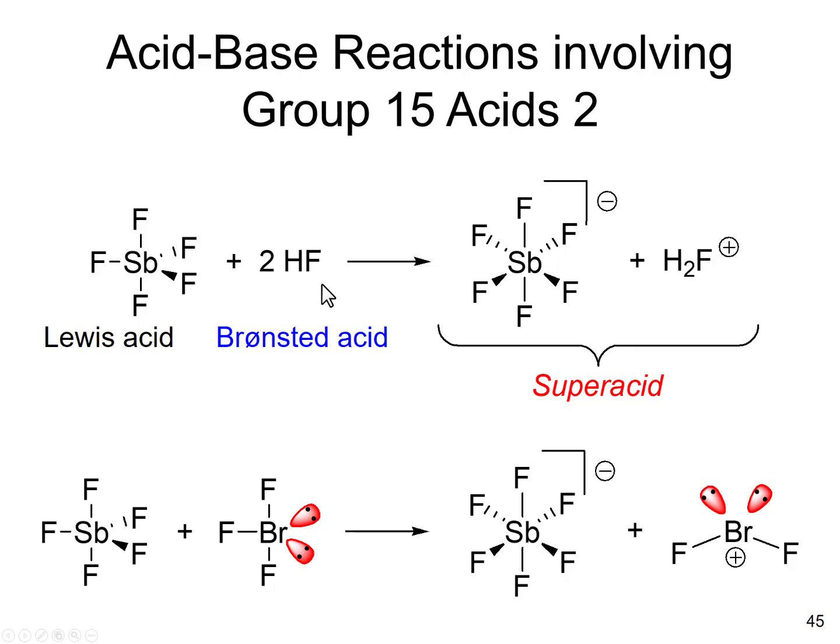Since HF is already a typical Bronsted acid, which is strong, you could convert via this reaction the HF molecule into an H2F cation. And of course, this H2F cation will be very happy to lose its proton, and so it becomes a superacid. So again, in summary, by conducting a Lewis acid-base reaction, you're creating a super Bronsted acid.